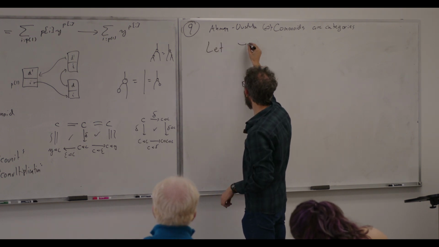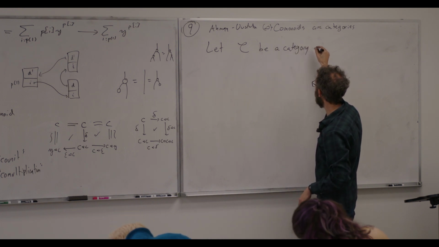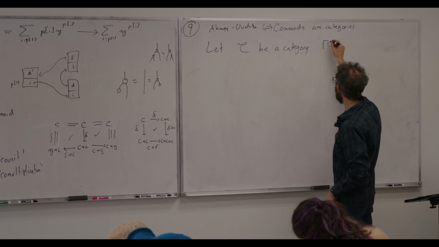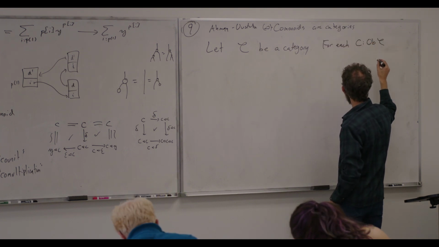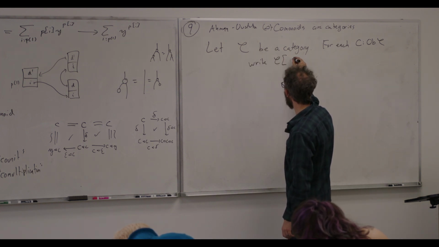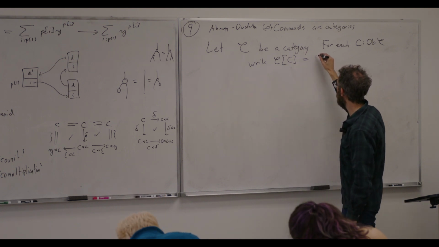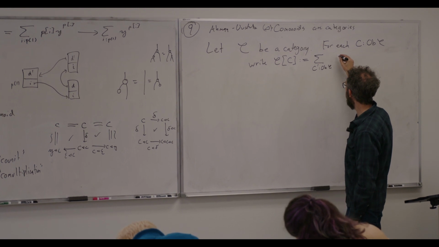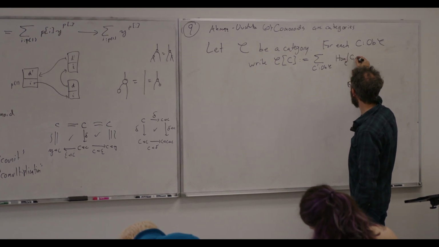Let C be a category, small. For each object c of C, let's write C bracket c to be the coproduct over all c prime of Hom in C from c to c prime.